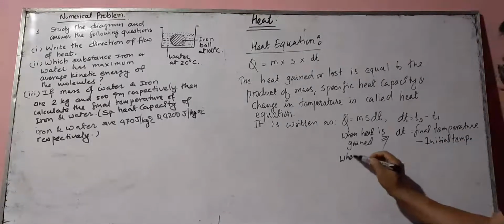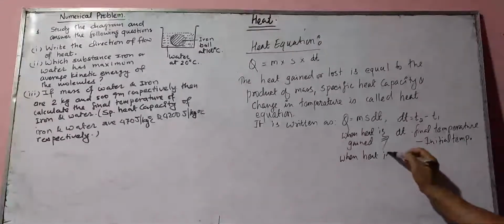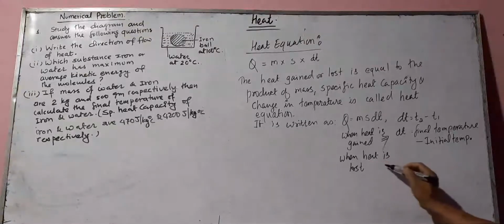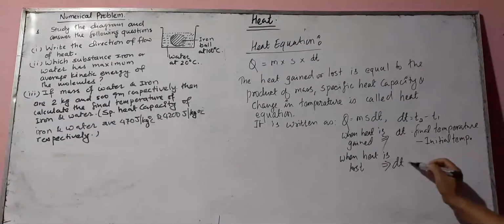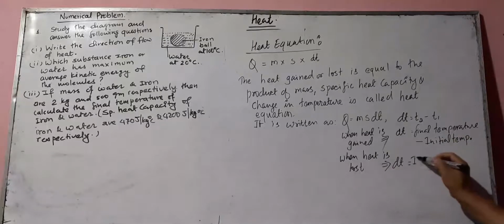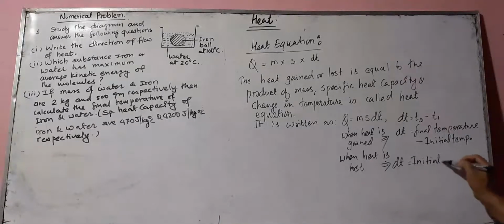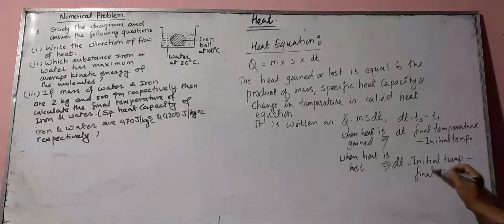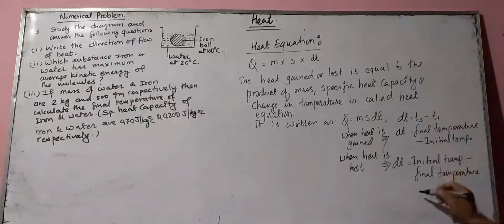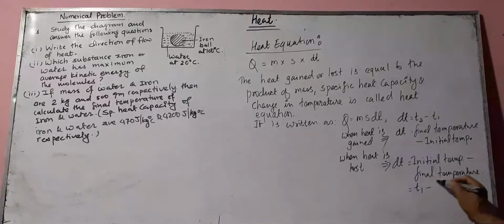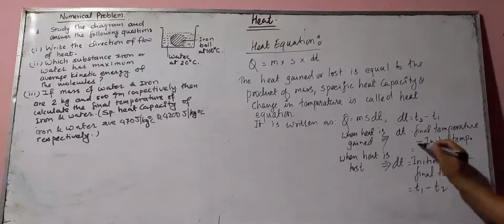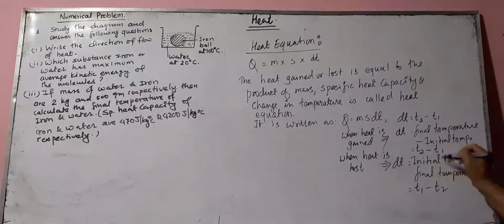But when heat is lost, in that case dt is equal to initial temperature minus final temperature. Okay, so in this case we write initial temperature T1 minus T2. Here final temperature minus T1.